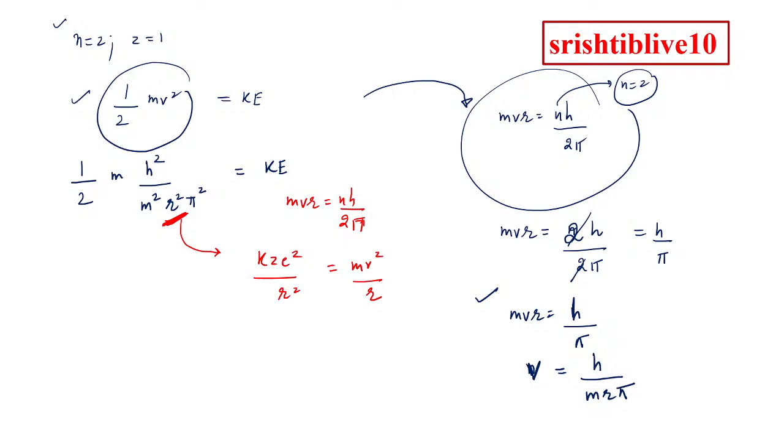Right, this is how we have derived various equations in Bohr's postulate, right? So what can I write over here? That kze square by r square is equal to mv square by r, right? This r will be cancelled out, okay? This is how I can write this thing.